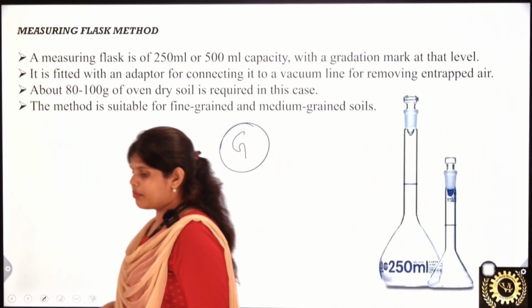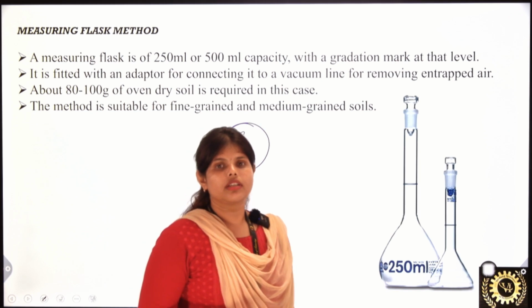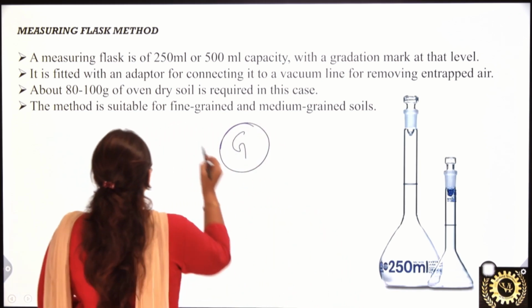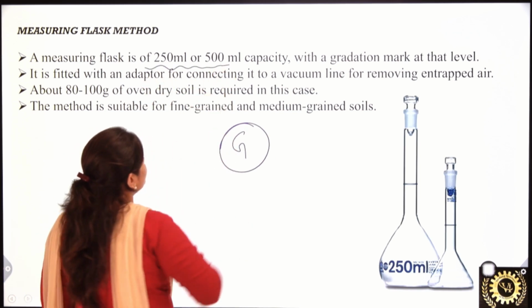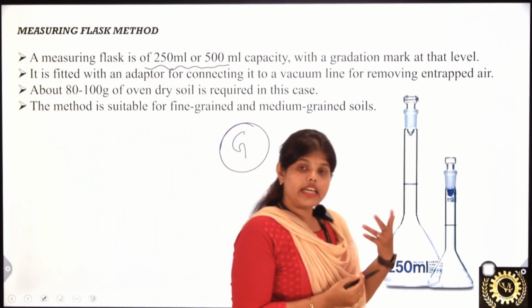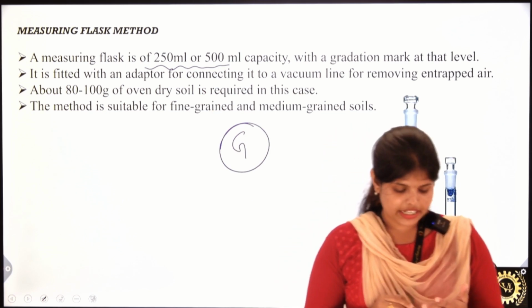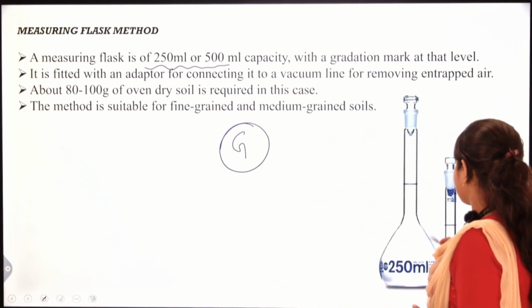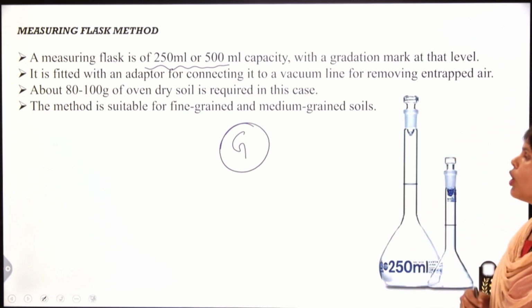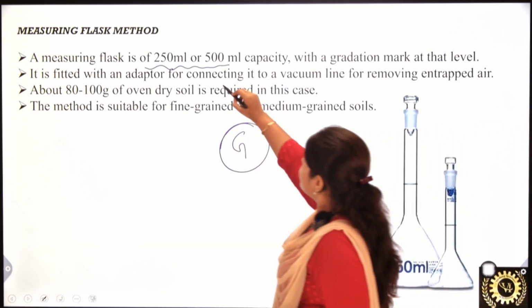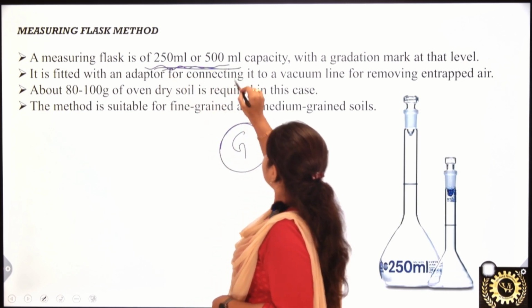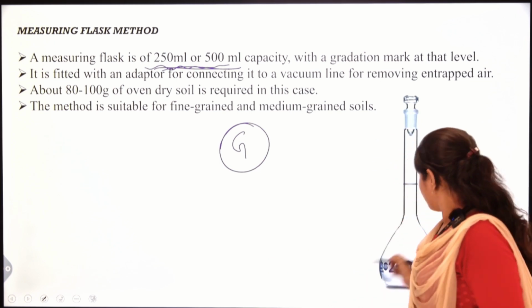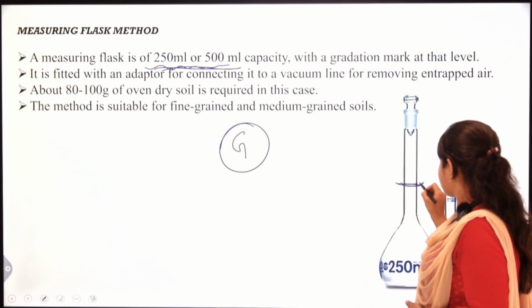This method is also the same as the density bottle method, but here we can take a 250 ml or 500 ml bottle. In the density bottle method, we can take only a 50 ml capacity bottle, but in the measuring flask method we can take 250 ml or 500 ml capacity bottle.